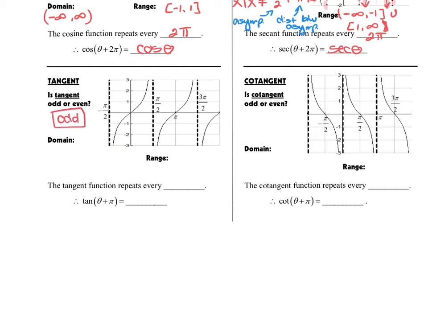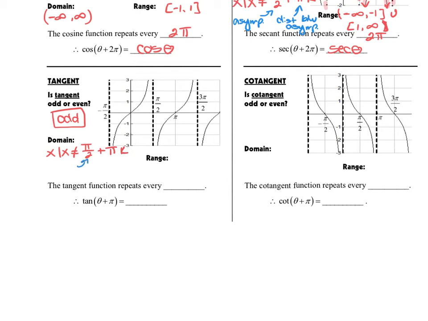Its domain, as soon as you see that you have these asymptotes, is going to be more complicated. So we're going to have x such that x is not equal to... We're going to pick one of the asymptotes. I'm going to choose pi over 2, plus, now we want to look at how far apart the asymptotes are. So going from negative pi over 2 to positive pi over 2, they're pi units apart.